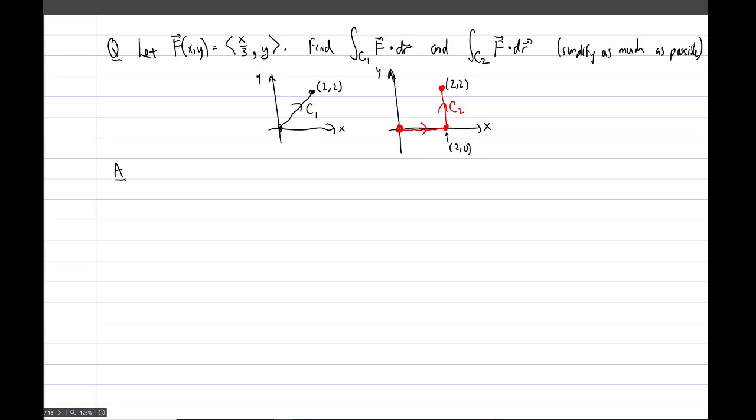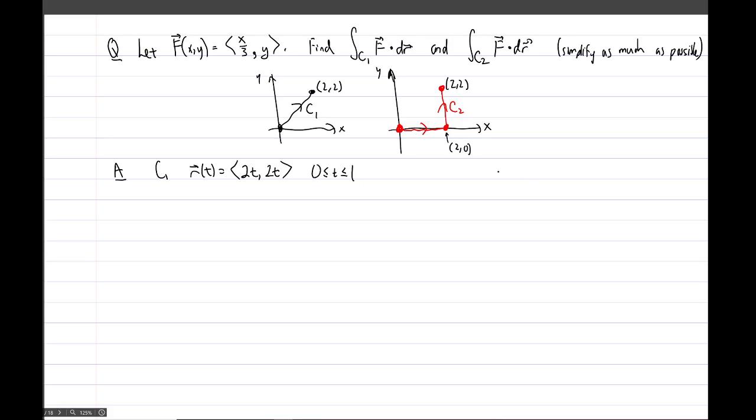So to answer this question, for the first curve, for C1, let's go ahead and parameterize and write as a vector function. So r of t is equal to 2t, 2t, where t goes between 0 and 1.